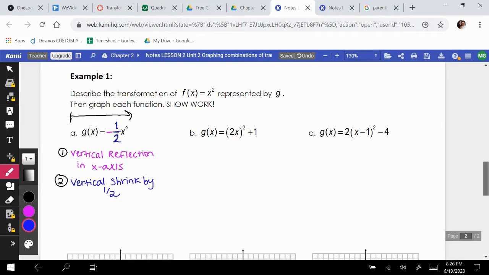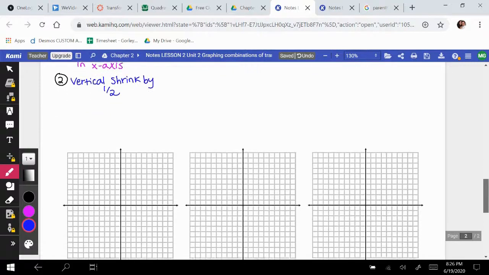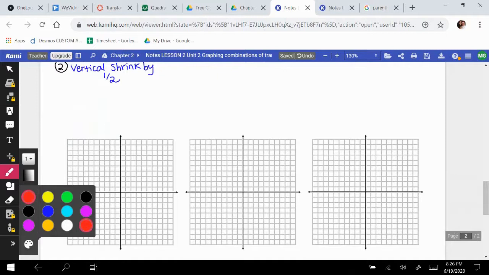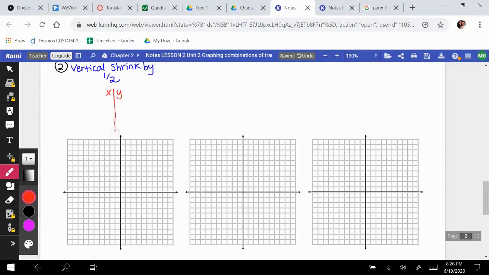All right, let's go ahead and graph the parent function. I'll do that in red. For the parent function, again, we're going to use the same key points that we always do. I'm going to use the key points -2, 4, -1, 1, 0, 0, 1, 1, 2, 4.